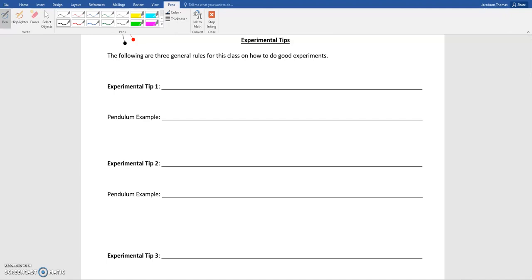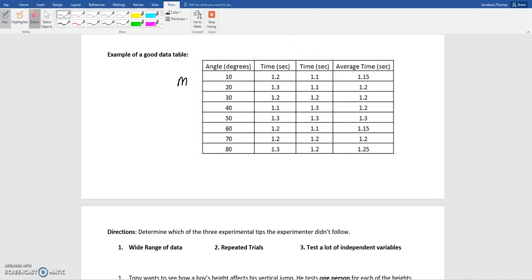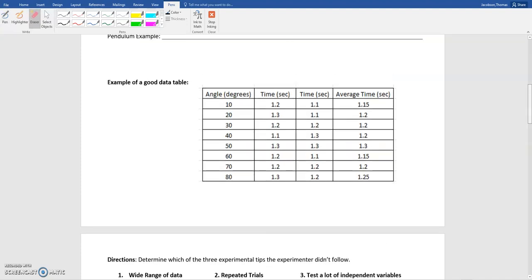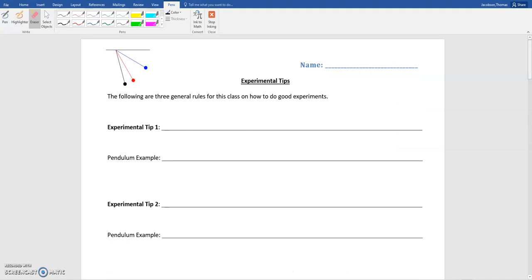So the first thing that I recommend you guys do for all your experiments is to have something called multiple trials. And I'm going to give you an example so you understand what that means.